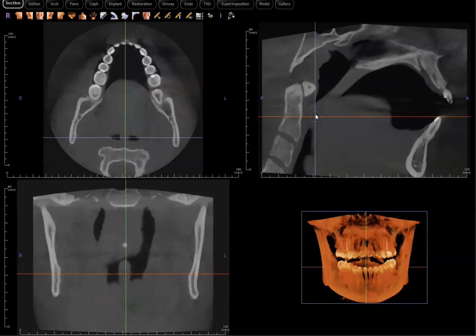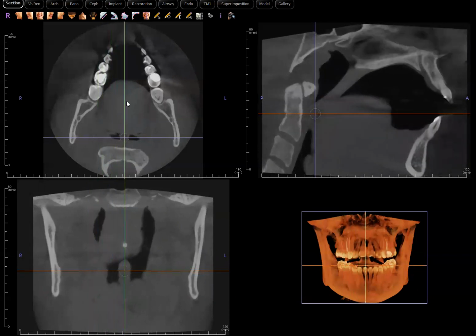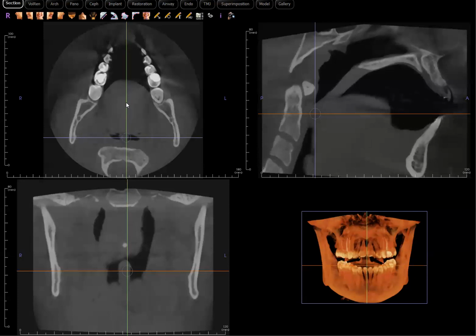So that's another thing that we watch out for in a patient. Not only is assessing hard tissue, including dentition and surrounding bone, important, but I also try to look at the overall size and shape of the airway in all of the cone beam CTs that I evaluate.